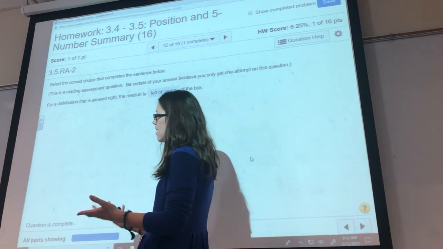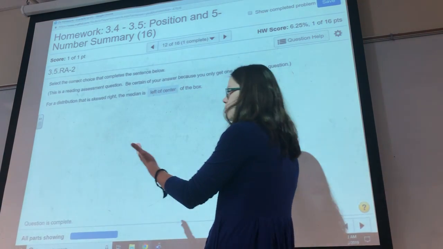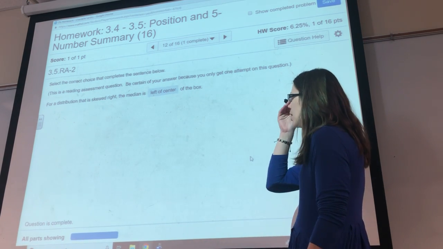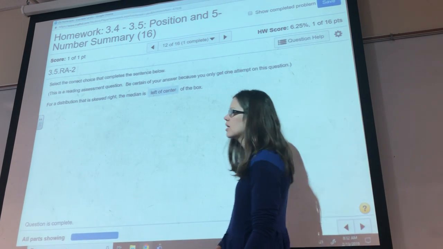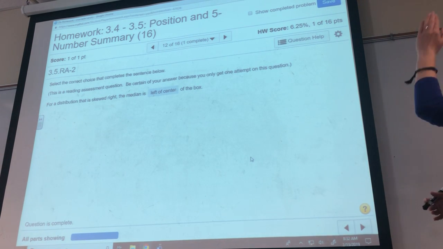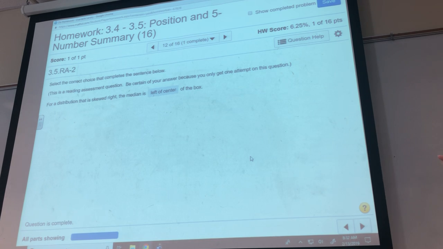But if it was skewed to the left, that would mean your left side of the box would be wider, which means your median would be over there on the right-hand side, and it would be right of center in that case. If it was symmetric, then everything would be equal, and it would be right down the middle of the center. So that's how you'll do that problem. It's worded a little bit different than the other skewed problems, so I just wanted to let you know how to do that one.